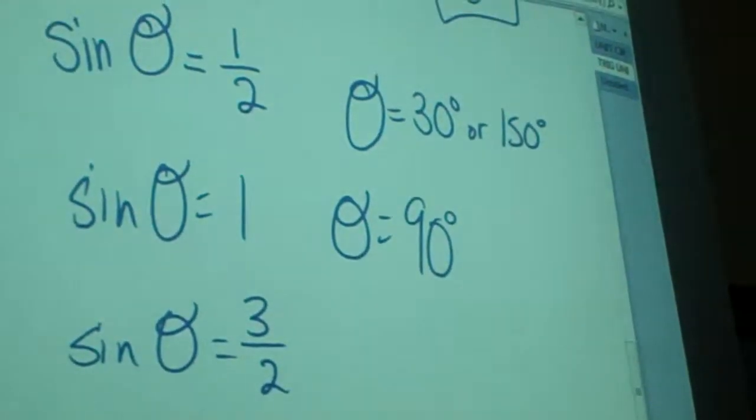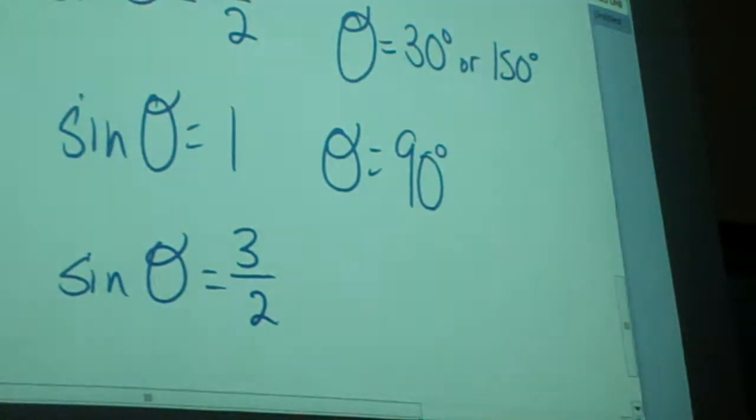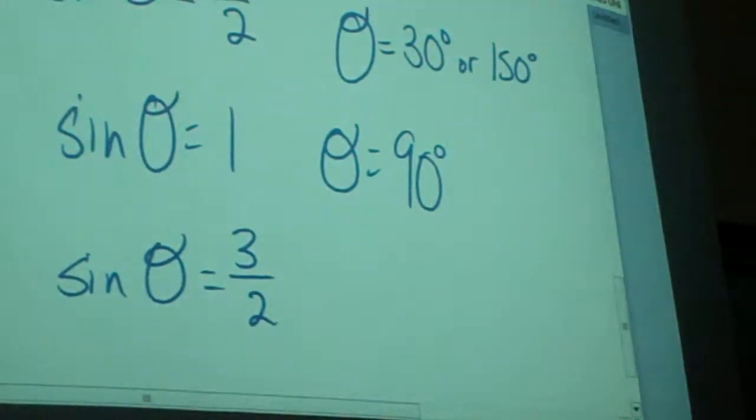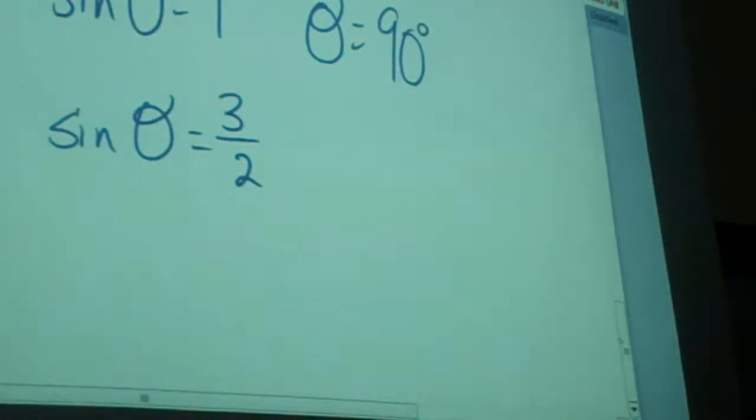Let's start there. It's not on the unit circle, is it? What I want you to do right now, remember, we'll use our calculators. So take your calculators and switch it back into degrees real quick.